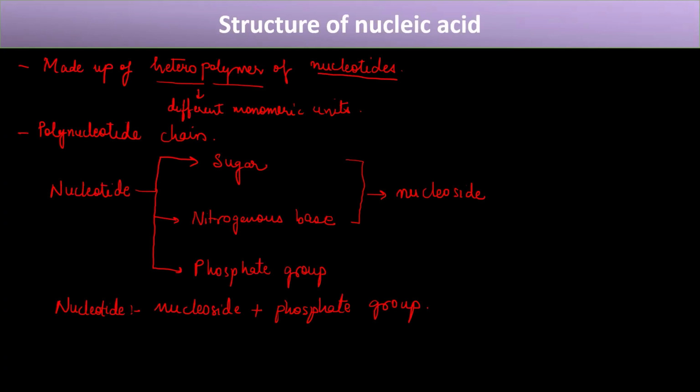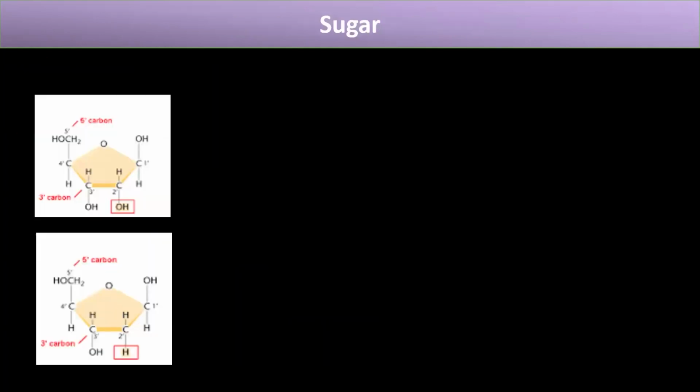Now let's study these components of the nucleotide one by one. The first component is sugar. So in the case of nucleic acid, in nucleotide, what kind of sugar is present? Because we know that there are different types of sugar.